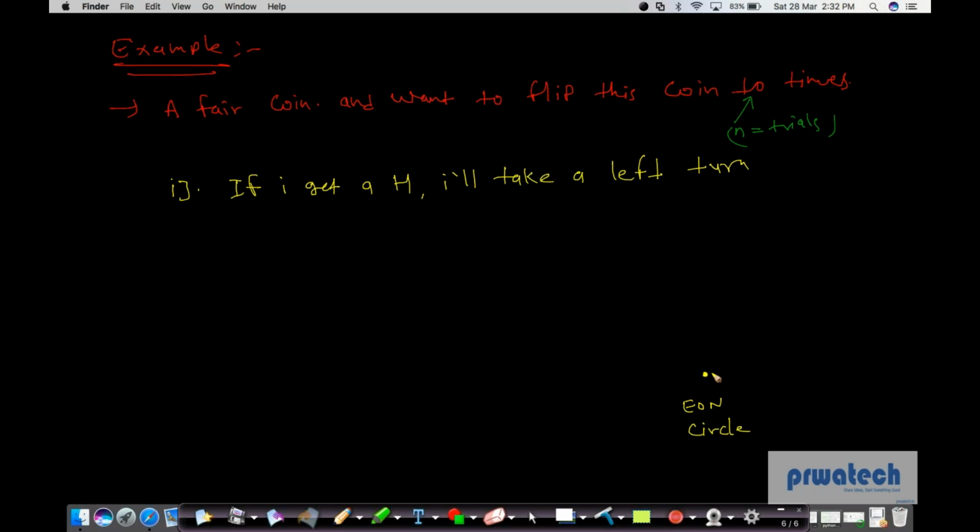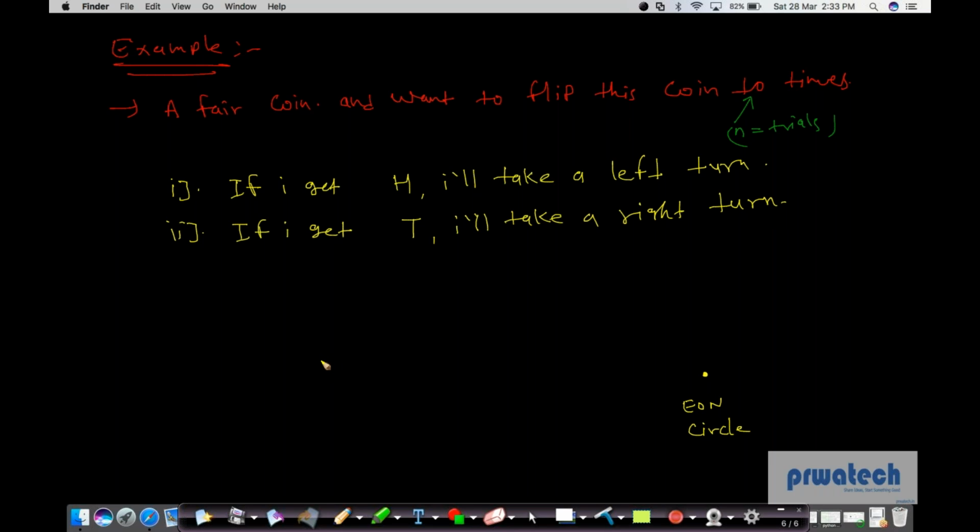So here I'm standing and I'm saying if I get a head, I will take a left turn. And if I get a tail, I will take a right turn. I assume this question to understand normal distribution.